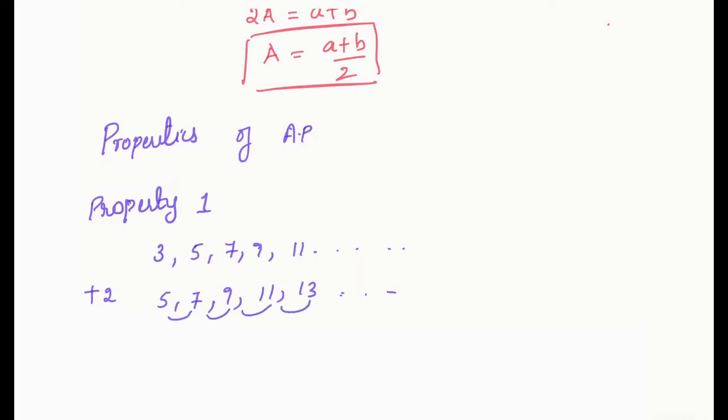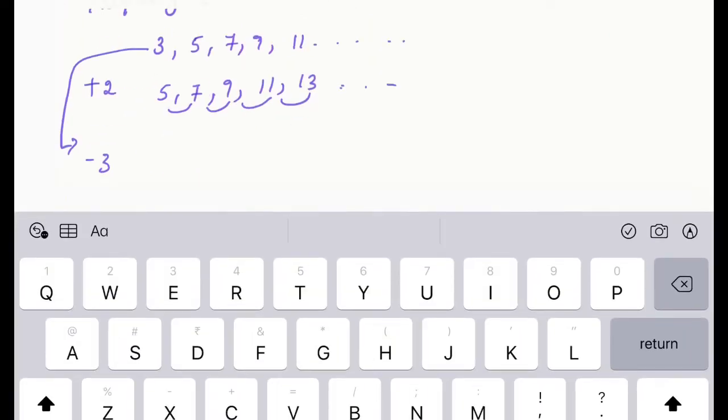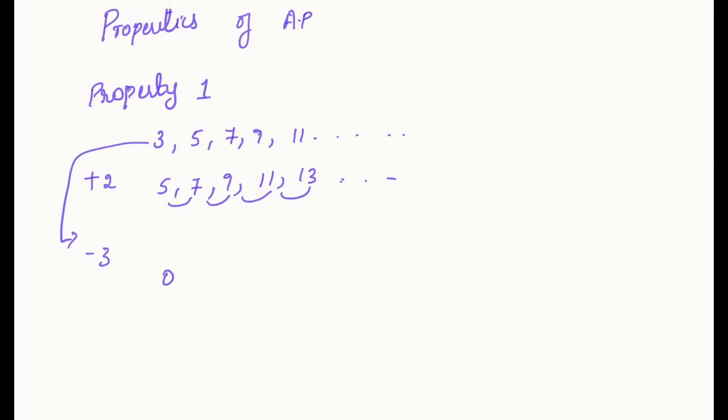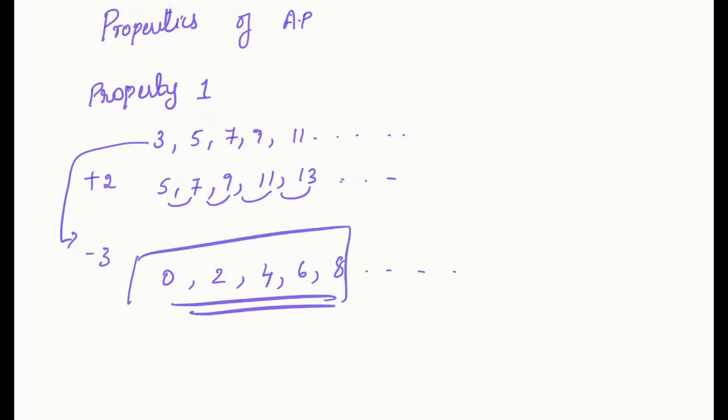Correct? So in case, suppose I am subtracting 3 from all these terms. So what I get? I get 0, 2, 4, 6, 8, and it goes like that. Again you can see that this is an AP. So that is property 1.